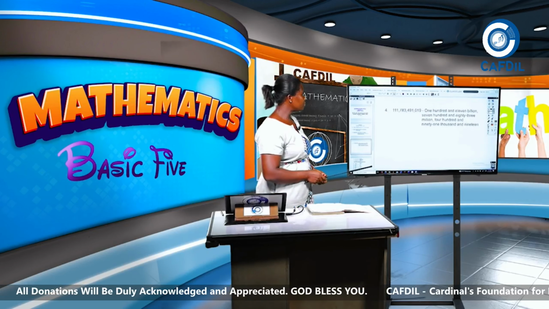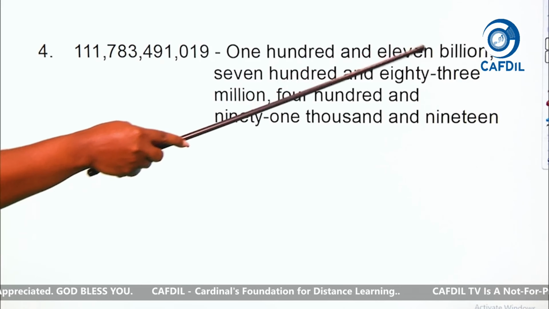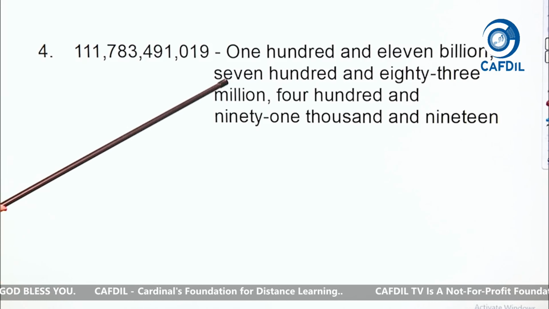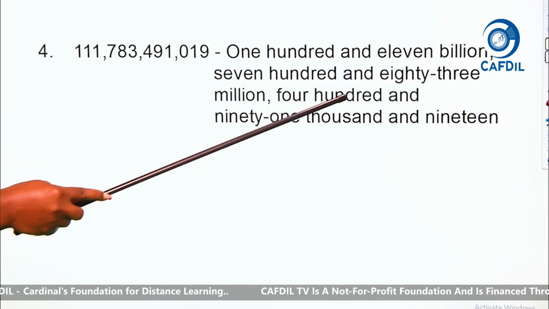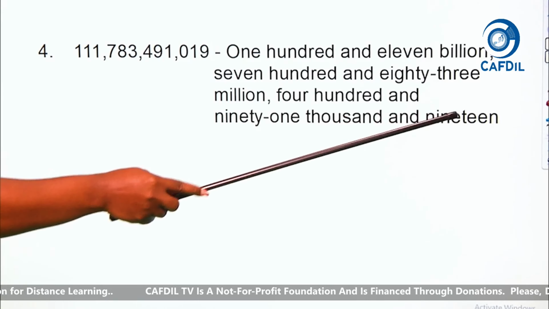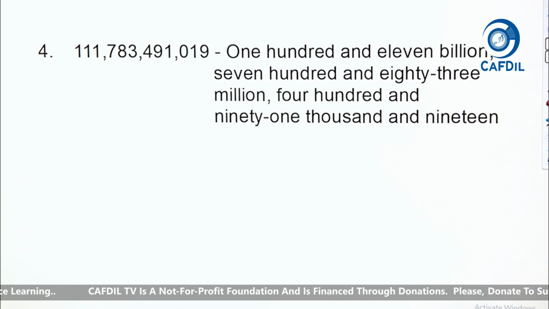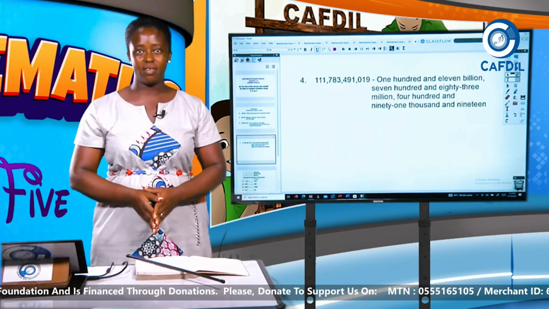And the last one, we had a huge amount. And what is it? 111 billion, 783,491,019. Yes, that is it for the assignment, and I hope you were able to do it.